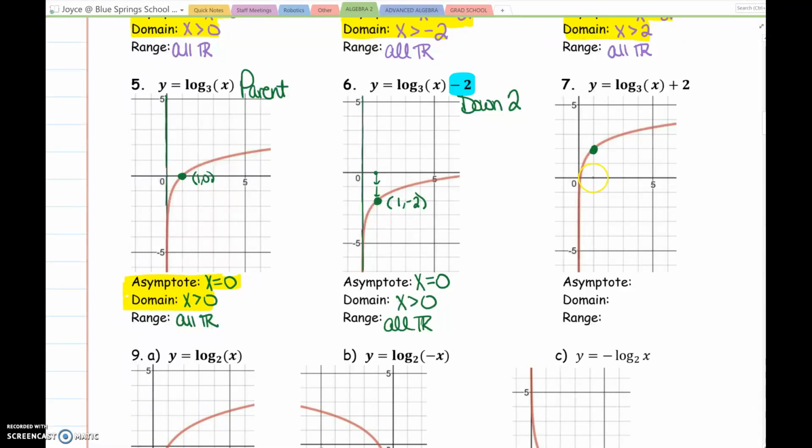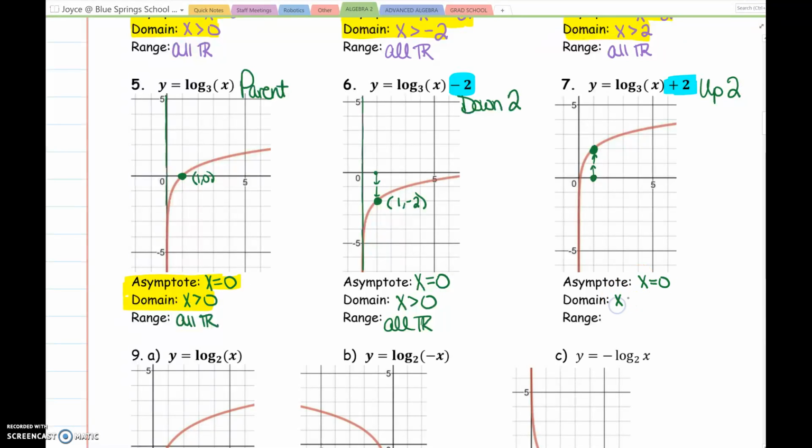Here's that point in number 7. The point originally in the parent function was there on the x-axis. In this example, it moved up 2. So this +2 is moving the graph up 2. Anyone want to be super brave and guess the asymptote? X equals 0.